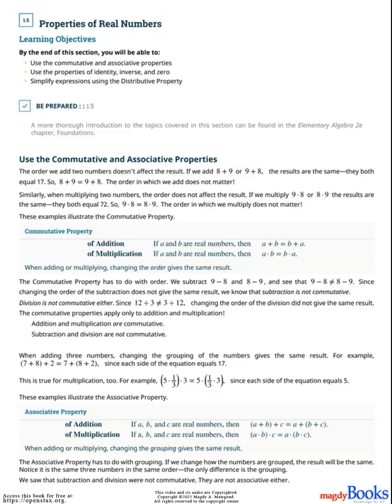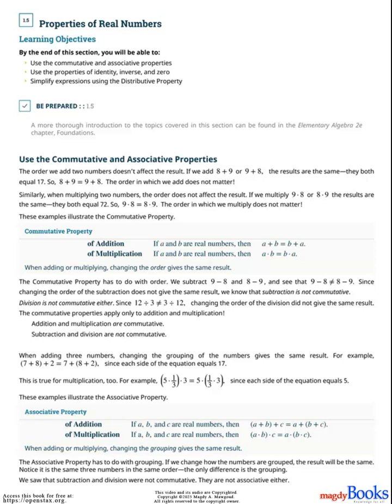When adding three numbers, changing the grouping of the numbers gives the same result. For example, (7 plus 8) plus 2 equals 7 plus (8 plus 2), since each side of the equation equals 17. This is true for multiplication, too.